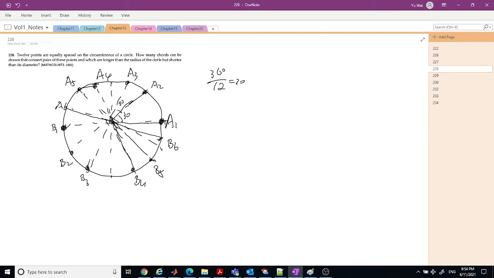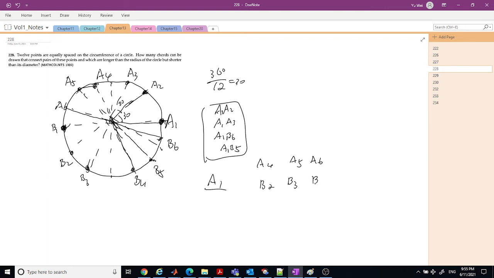Okay, so now let's see, because each angle is 30 degrees, right? So A1, A2, A1, A3, then A1, B6, A1, B5. You cannot be greater than the radius, right? So what you can do from the A1, you can pick the A4, A5, A6, right? And you cannot pick B1, and the same thing is B2, B3, and B4, right?